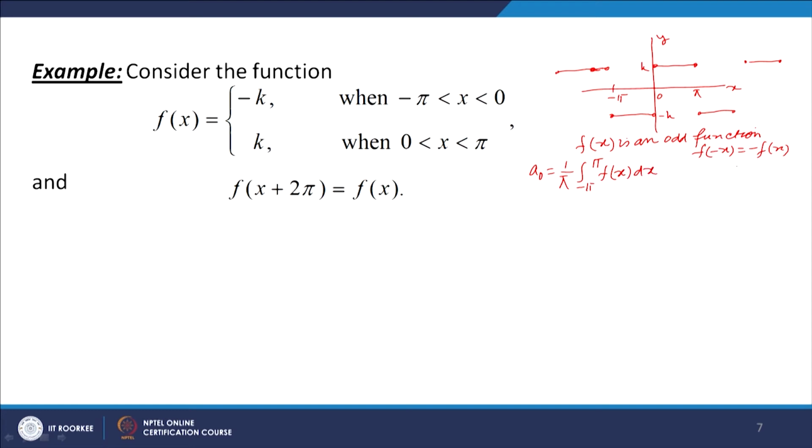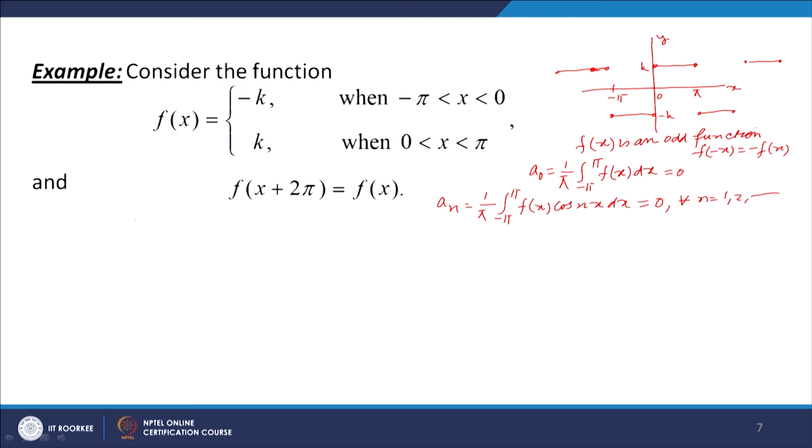Since f(x) is an odd function, the integral over minus pi to pi of f(x) dx will be 0. So, a_0 is equal to 0, and then a_n is equal to 1 over pi, integral from minus pi to pi of f(x) cos nx dx. Since f is an odd function and cos nx is an even function, their product is an odd function, and therefore this integral is also 0, for all n equal to 1, 2, 3 and so on.